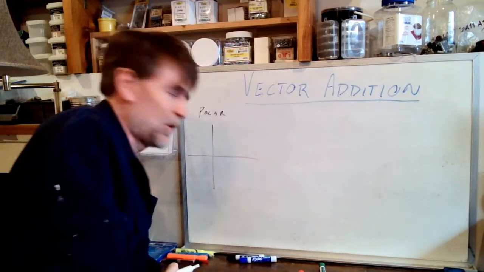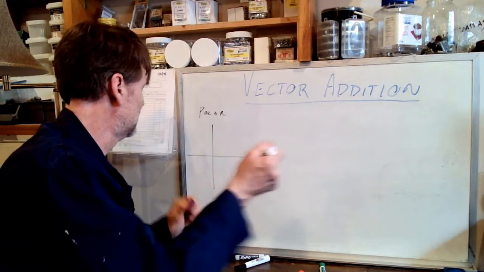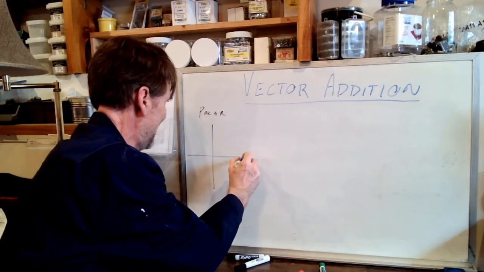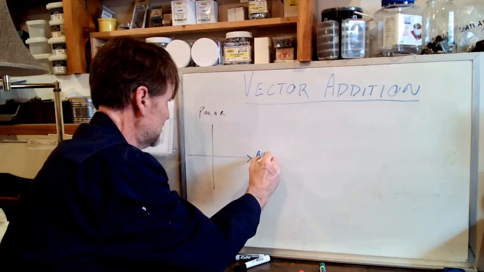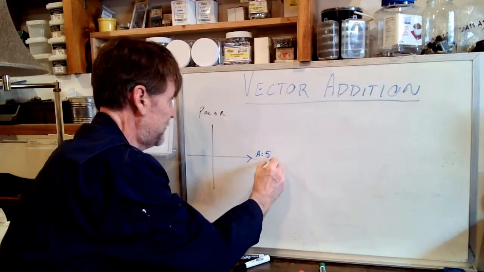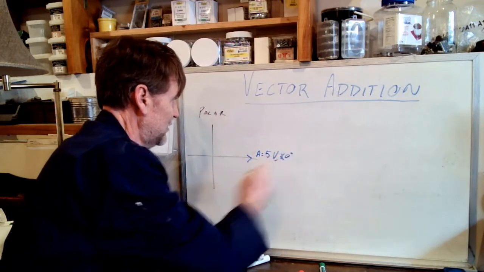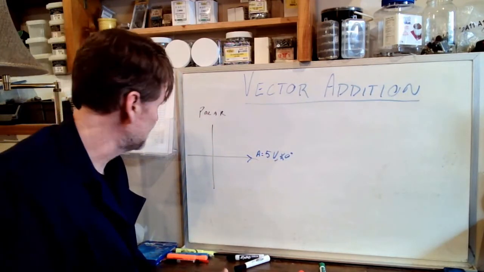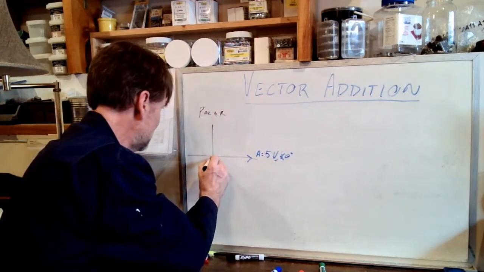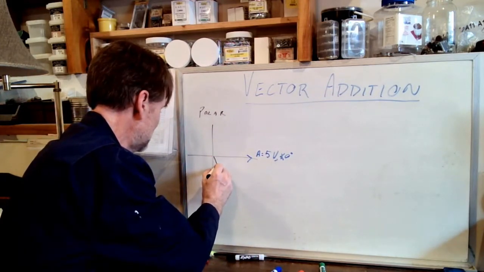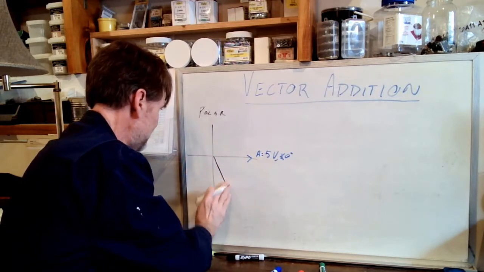So here's our polar coordinate system. A was blue. So right here we have A equals 5 volts at an angle of 0 degrees. And then we had B, nope, it was only 3, wasn't it?